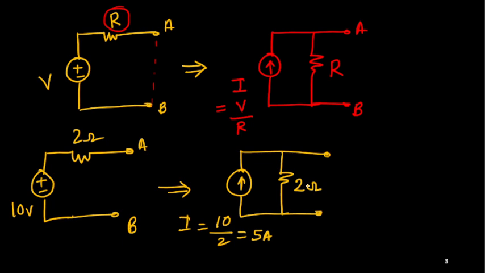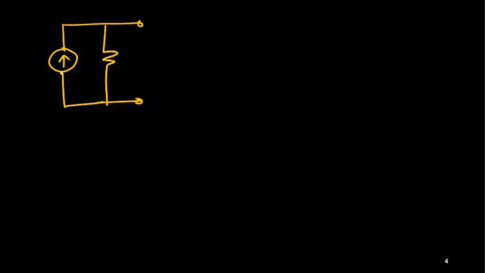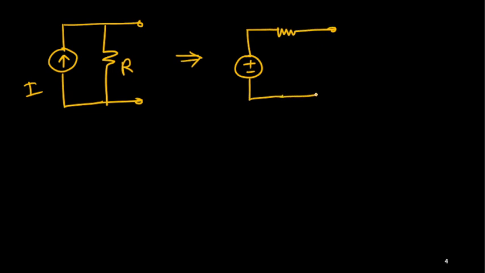So it's complete. And if it is given the opposite way, meaning if I have one current source with a resistance, so this is I and this resistance R, that we can convert to one voltage source. Of course the resistance should be connected in series. So this is nodes A and B, this is also nodes A and B. So the question is, what is the voltage?